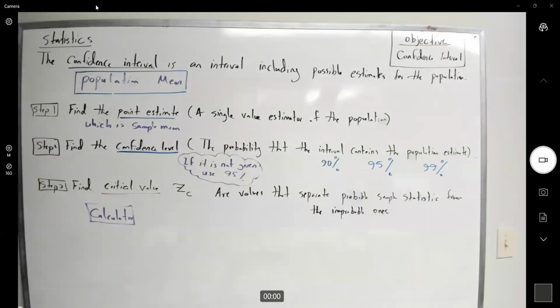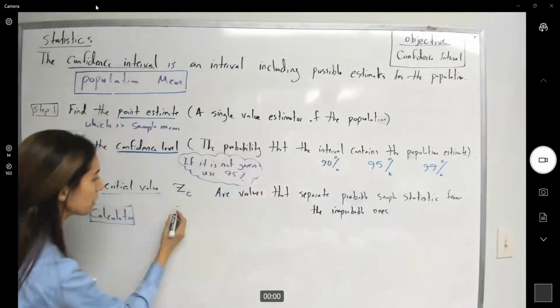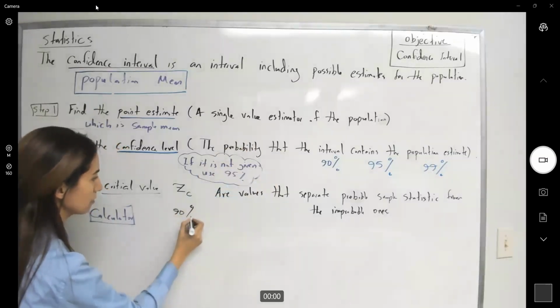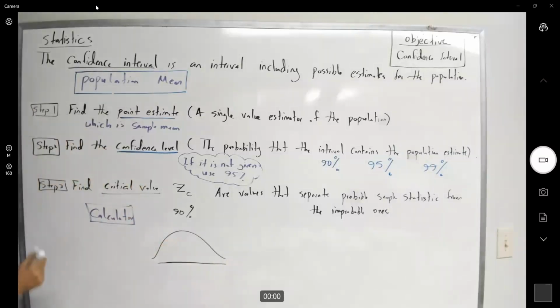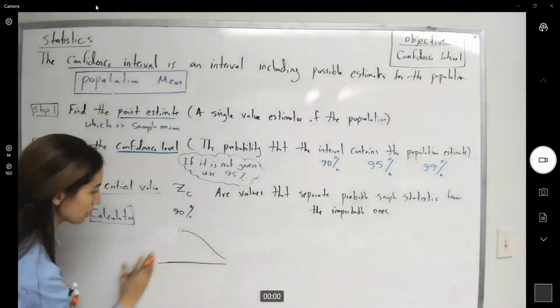Very good. First of all, for 90%, 90% of the area is below the graph. Let me use some colored markers. So you have 90% below the graph.